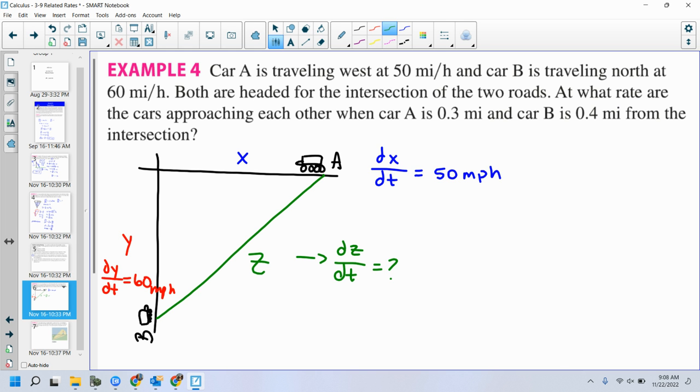Well, what type of equation relates x, y, and z to one another? Pythagorean theorem. So we can say that x squared plus y squared equals z squared.